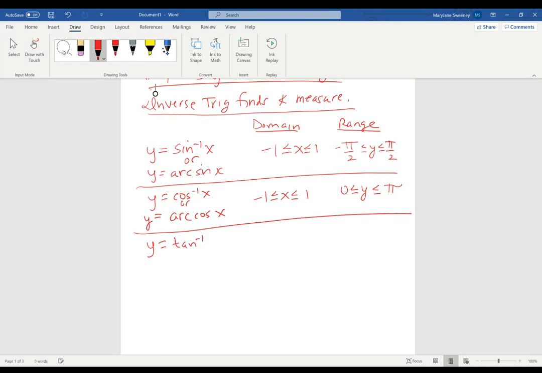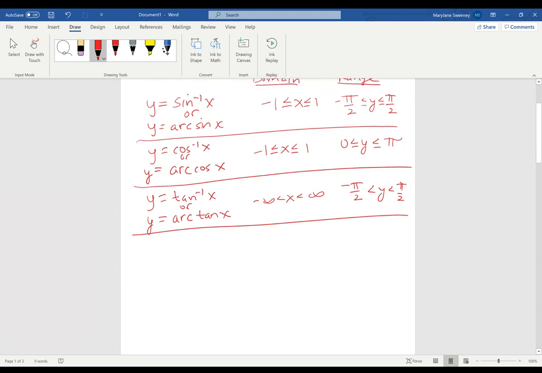With inverse tan, which is the same as arc tan of x, x can be anything, negative infinity to positive infinity. Y will be between negative pi over 2 and positive pi over 2, not counting pi over 2 or negative pi over 2, because remember, tan is undefined at the over 2's.